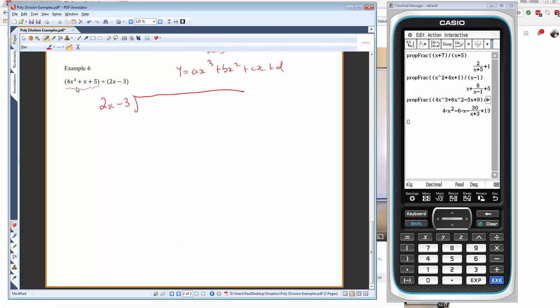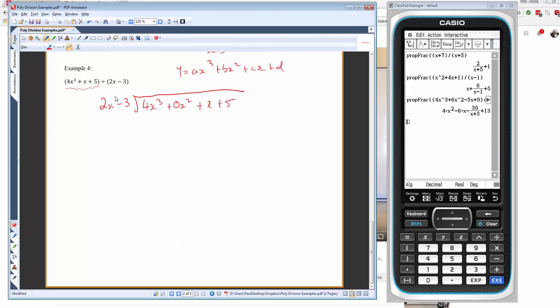Now note that there's no squared term on this problem. But we can actually put one in quite easily, and you'll work out why pretty quickly, and if you don't do it, you'll work out why you need to do it. So we're going to put 2x take 3 into 4x cubed plus 0x squared. That's nothing, but it's going to act as kind of like a placeholder, plus x plus 5.